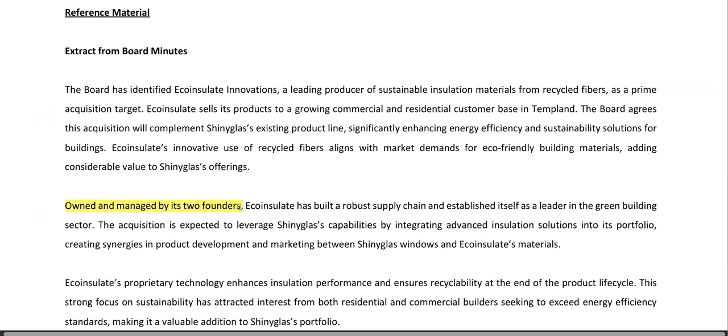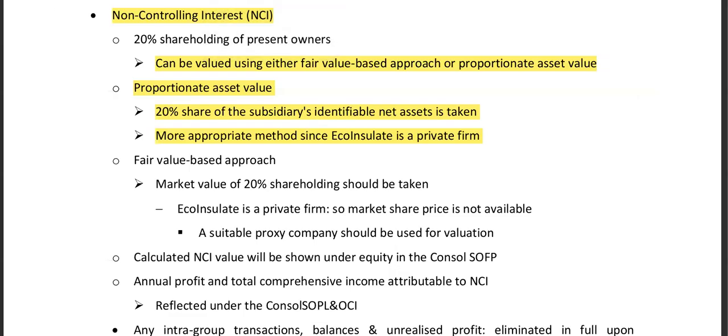So there is no market price for the shares of the company, and therefore the net asset value would be the more appropriate valuation.